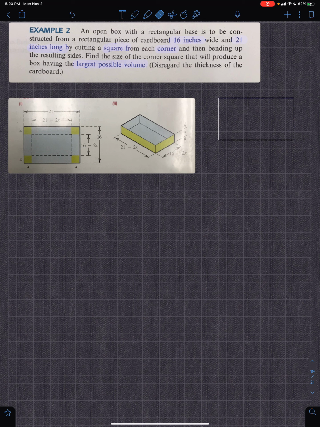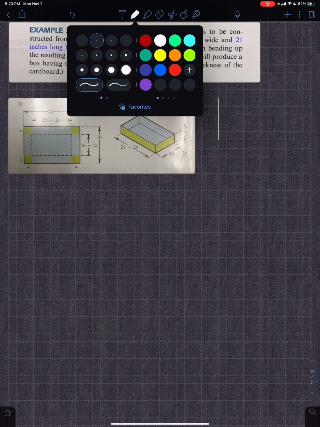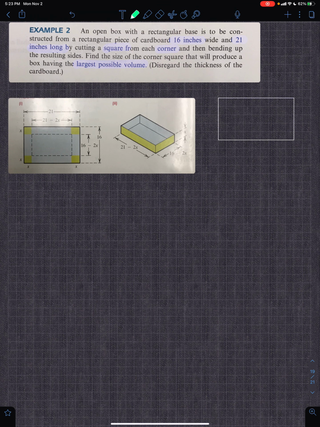So I've got to start thinking in terms of what it's going to look like. What I have is the long side is 21, like this, and then the short side is 16, like this. But then I'm going to bend up the corners, like here, each side, and fold it up.